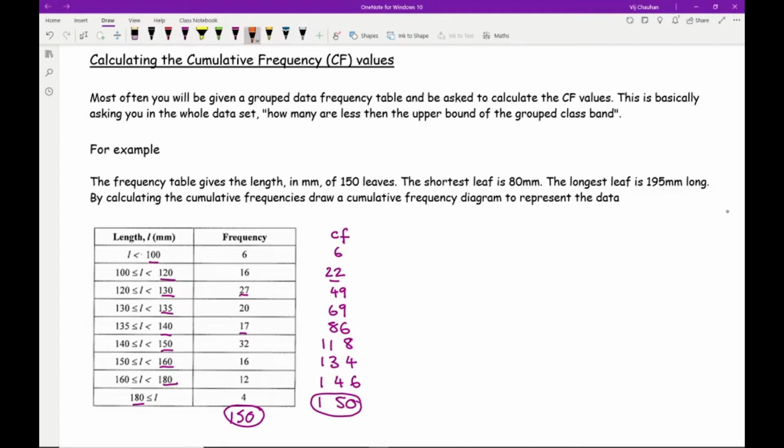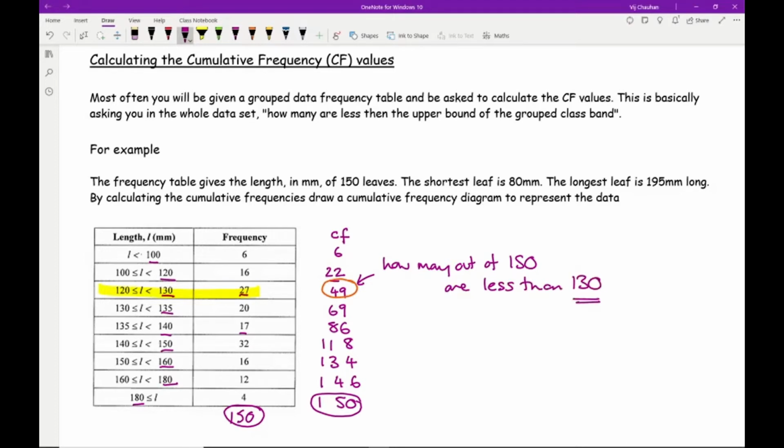Now if I just highlight this 49 here and what that represents, let's get rid of that so it's not as confusing. Basically what this number 49 represents is how many out of the 150 are less than 130.